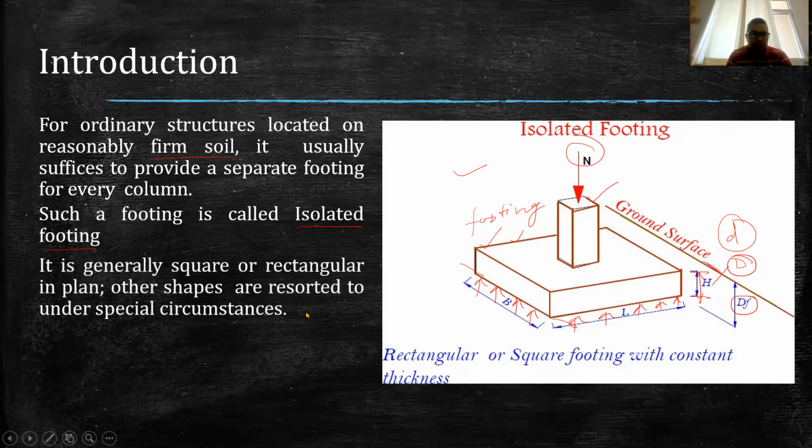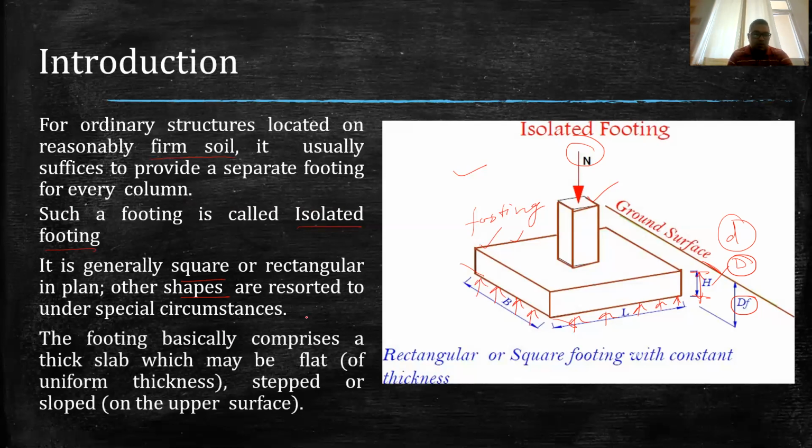So as I said, this isolated footing can be square or rectangular in shape, but other shapes can also be there depending on special conditions. For example, if we have a circular column, sometimes we can have a circular footing, but generally for a circular column also, we have square footing because it is easy to construct and easy to handle in site conditions.